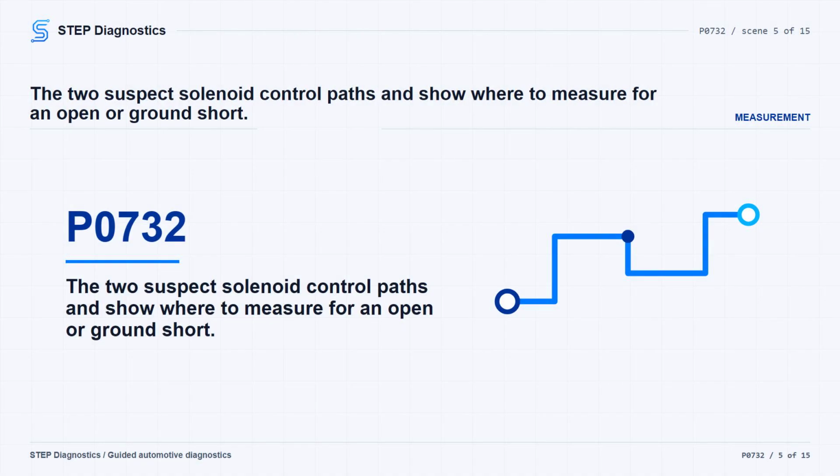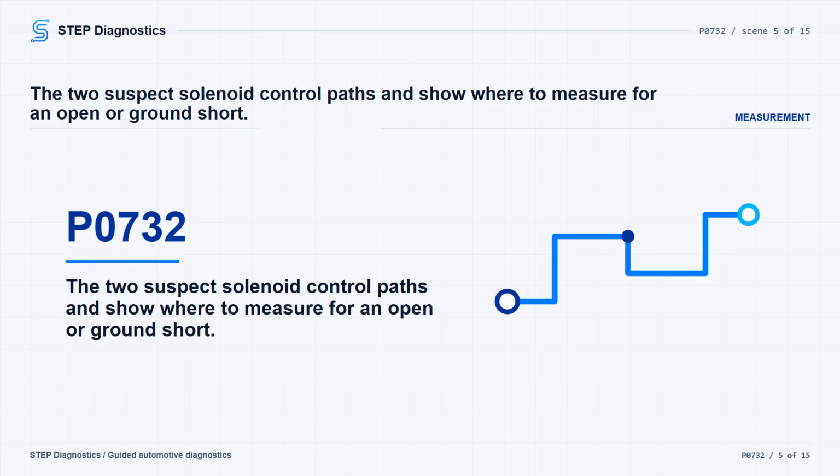Next, check the suspect solenoid control circuit for an open. For the TCC solenoid, measure C168A pin 25 to C1381T pin 33. For the line pressure control solenoid, measure C168A pin 24 to C1381T pin 20. The pass point is the resistance less than 3 ohms on the suspect circuit? If yes, continue.